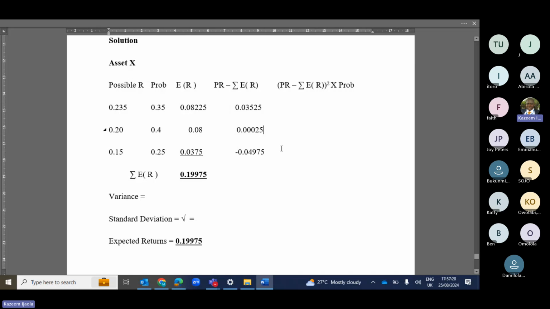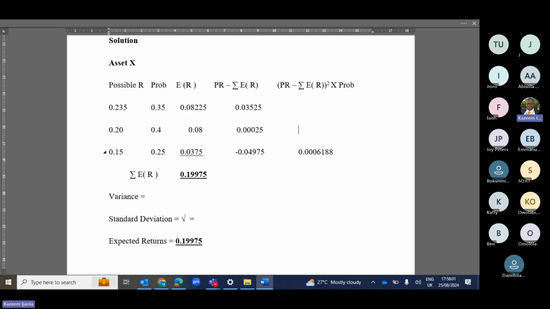So this one I got 0.0006188. Then for this one, 0.025 raised to power 2 multiplied by 0.4.